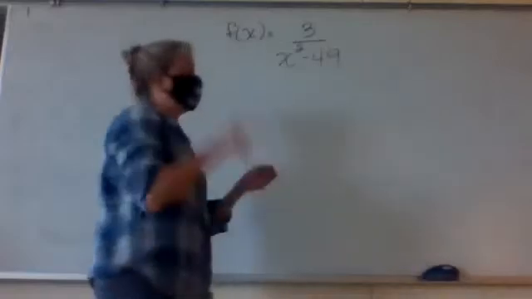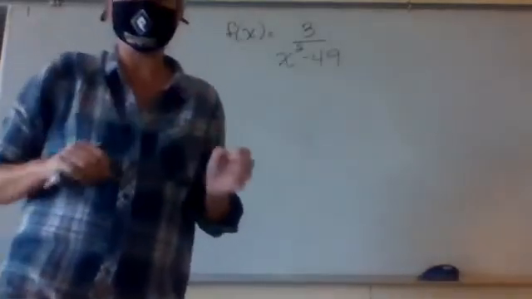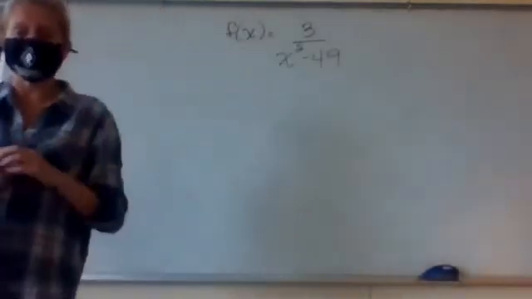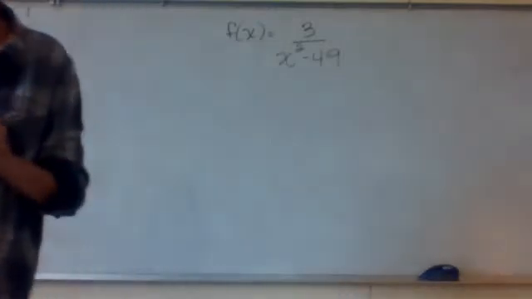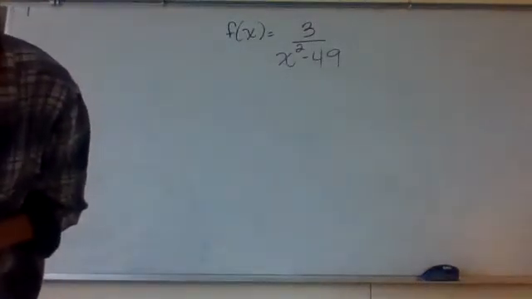Before I start listing all those out, the domain, the vertical and horizontal asymptotes, the x and y intercepts, I'm going to just list out the zeros of the numerator and the zeros of the denominator.